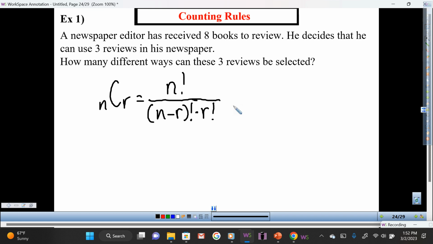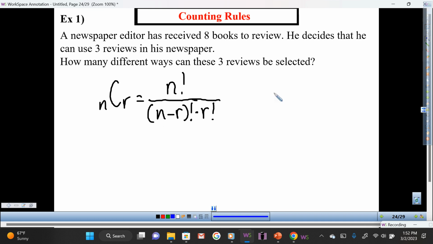All right. Before we go forward, tell your neighbor the difference between this one, where the order does not matter, and the permutation rule, where the order does matter. What's the only difference from one to the other? All right.